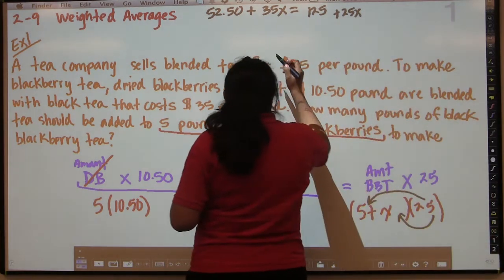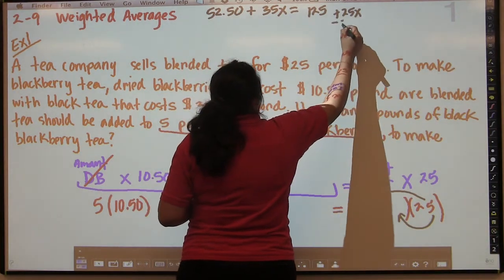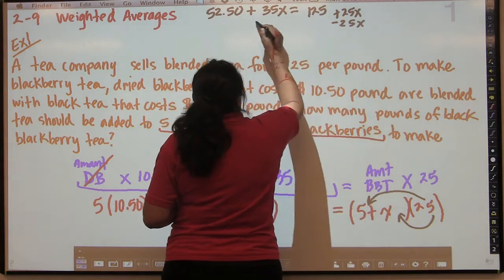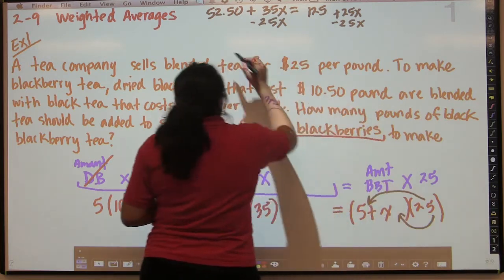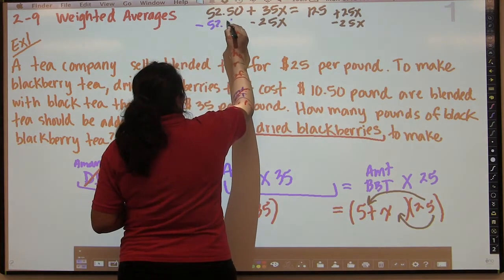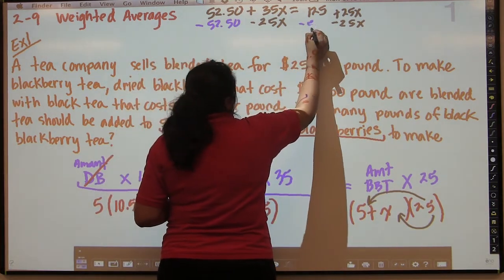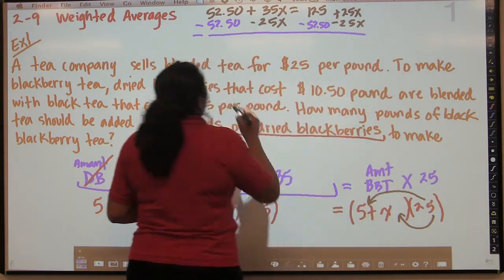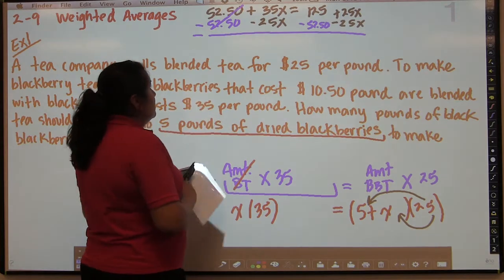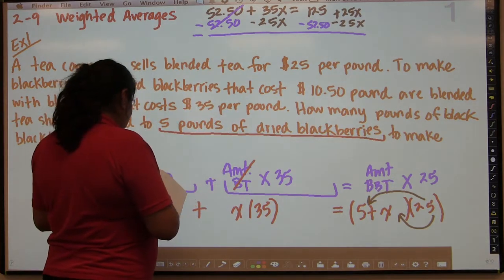And I'm just going to bring these 25x's to this side. And at the same time, we're going to take this 5250 and move it to the other side. All right? So 5250 minus 5250, it's going to cancel. 35 minus 25 is 10.